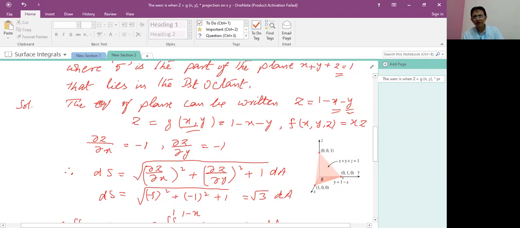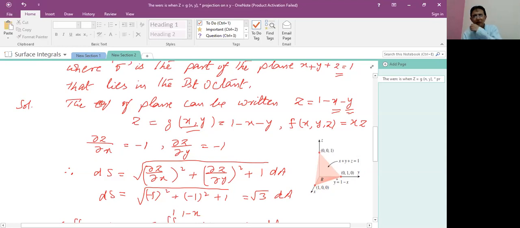On the y-axis, x and z are both 0, so that is the coordinate of y. When we consider the x-axis, y and z are both absent, so the coordinate of x is 1, 0, 0.